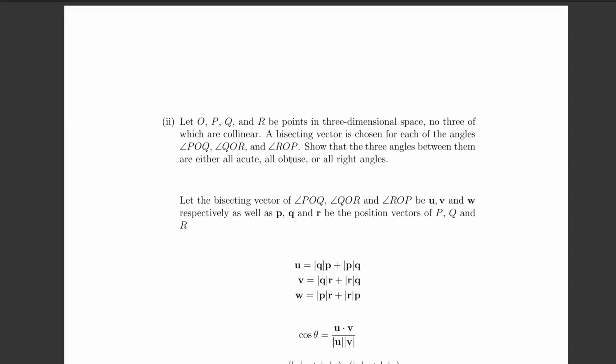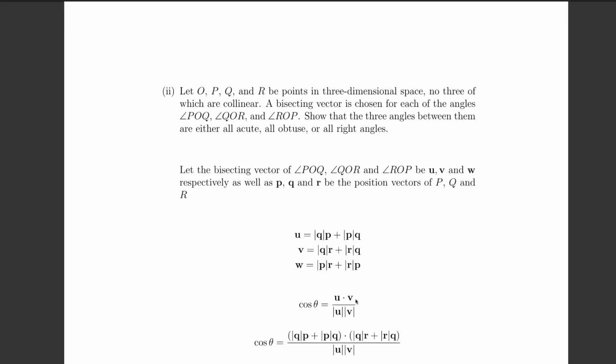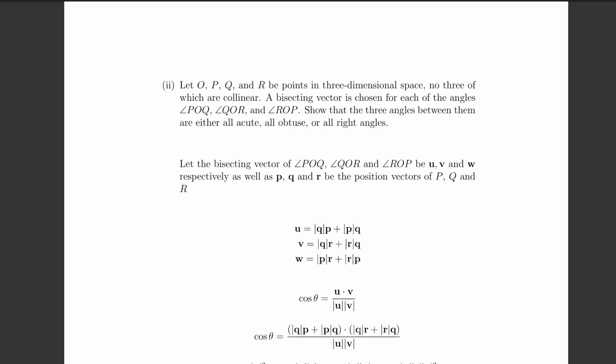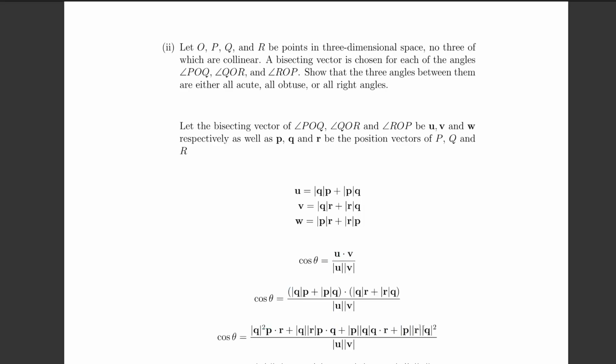If it's obtuse, the cosine is less than 0, and if it's a right angle, then the cosine is equal to 0. So let's just start by finding out one of the angles. So I pick u and v to find the angle between them. So when we sub in the values of u and v into what we have here, we get this, and then we need to expand it out, which gives us something like this, right?